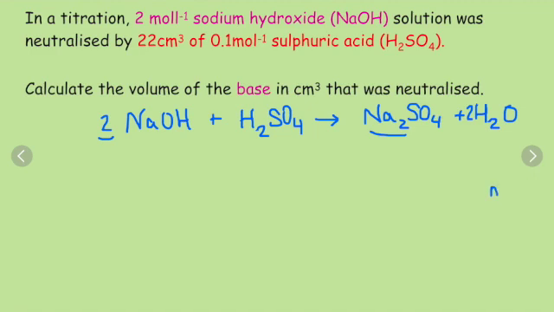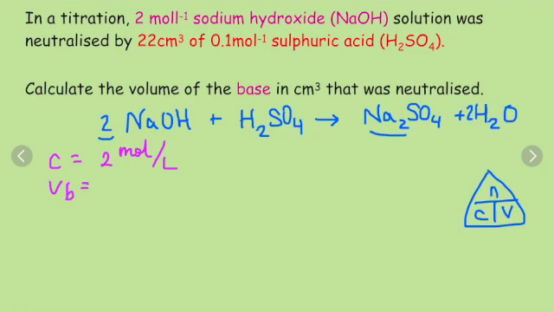Next thing that we do, no carrots or veggies, our triangle. And now we can write down what we have from the question. So it's telling us that the concentration of the base is 2 moles per liter. And it's asking us for the volume of the base. So we don't know this yet.